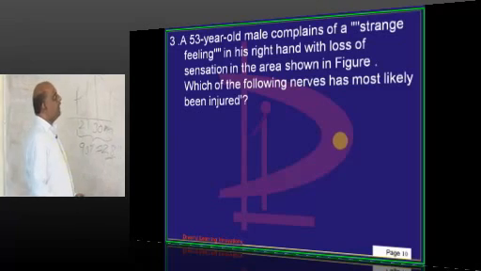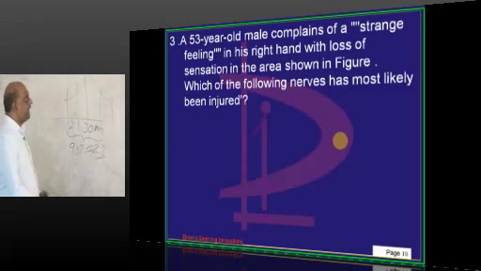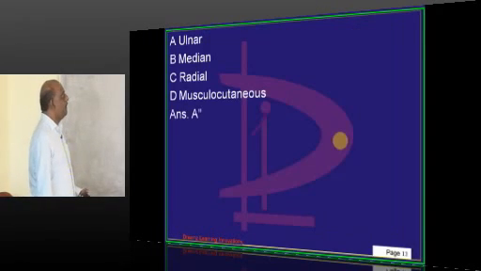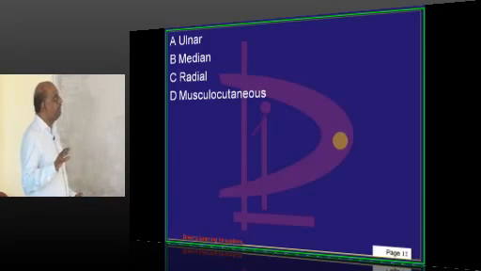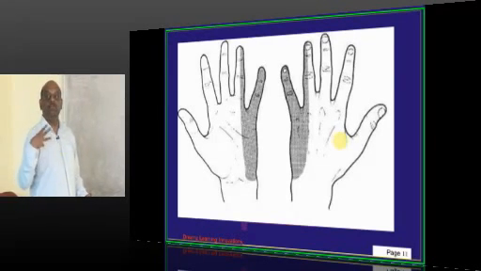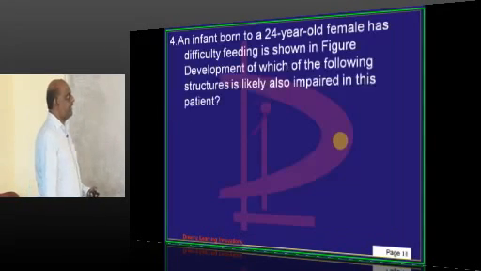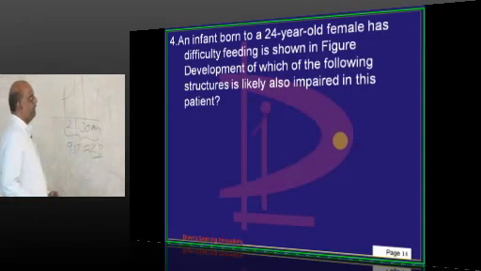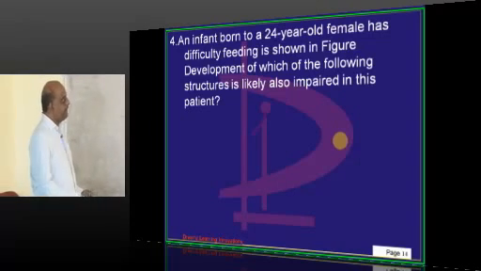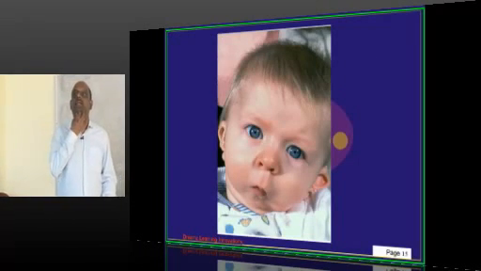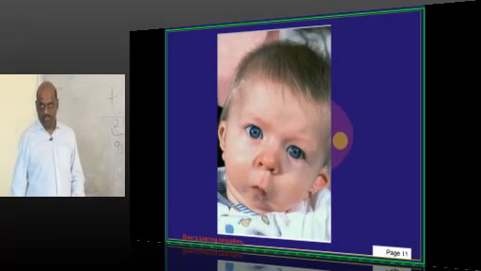Now, a 53-year-old complains of a strange feeling in his right hand, and there is a loss of sensation in that dermatome. Typically it is the area which is medial, that is the little finger. That is the area of the ulnar nerve, which is what you have to remember. An infant is born to a 24-year-old female and there is difficulty in feeding and shortness of the jaw.